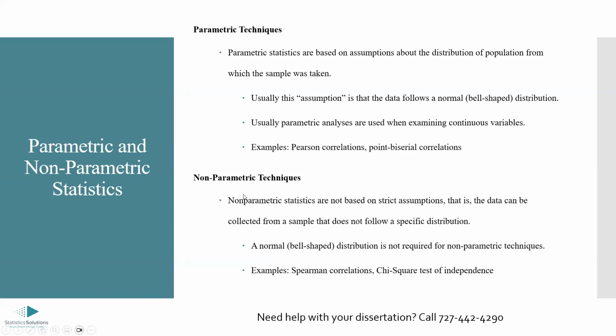Non-parametric techniques are not based on strict assumptions about the distribution of the data. So you don't necessarily need to have a normal bell-shaped distribution to run these analyses. Examples of these include Spearman correlations or chi-square test of independence. We'll dive into those a little bit more.